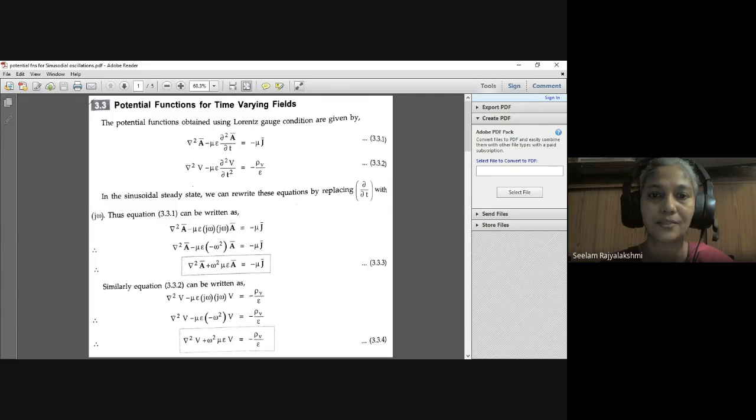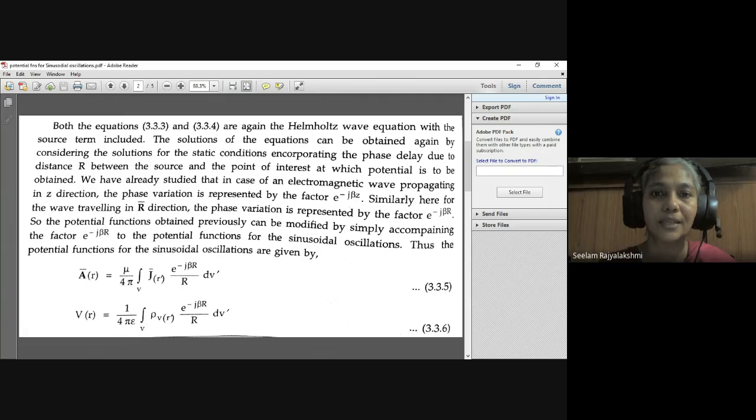The solutions of these equations can be obtained by considering the solutions for static conditions and incorporating the phase delay due to the distance r between the source and the point of interest at which the potential is to be obtained.